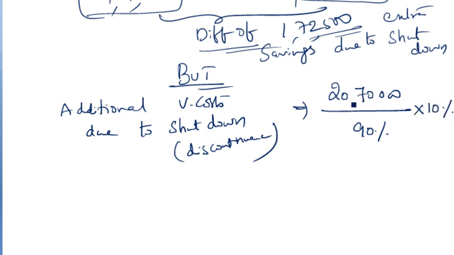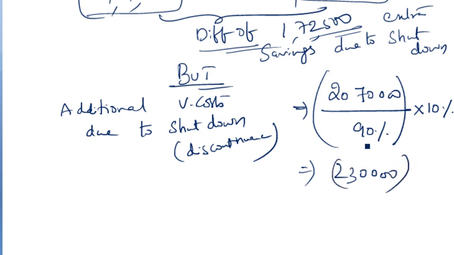It's very simple, because 20,70,000 divided by 90% will give you 100%. That 100% into 10% will give you the increase in cost because of shutting down or discontinuance. So that will come around 2,30,000, if you use your calculator, which is a cost. Got it? Right. So which means already we have seen that there is a benefit of 1,72,500 if you shut down.